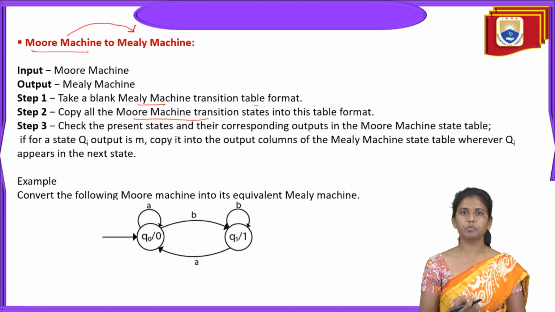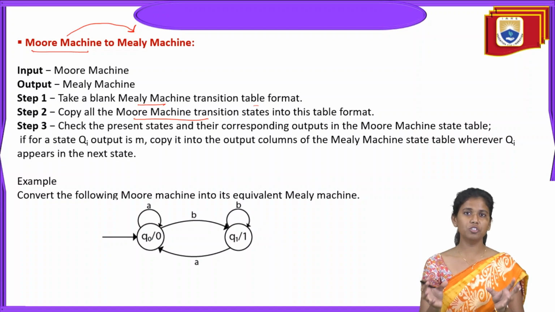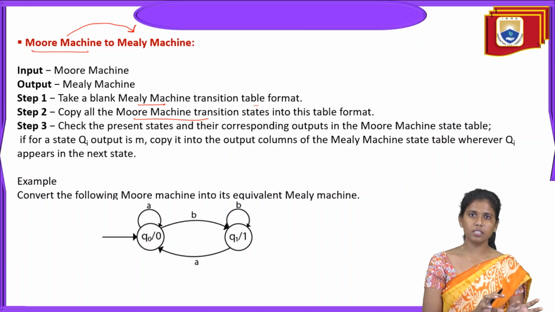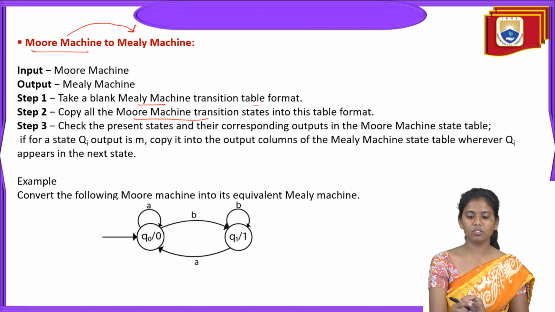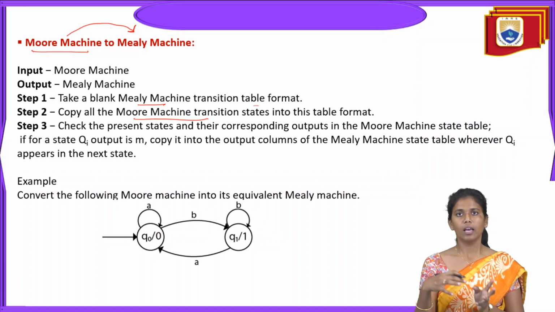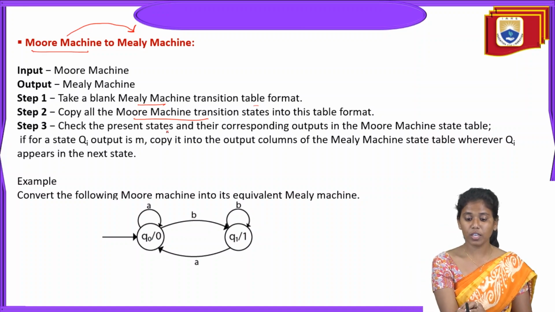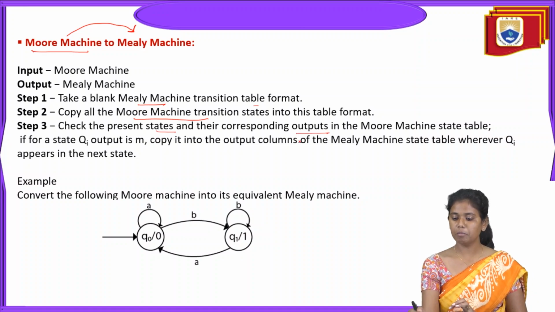There is a lot of difference between the Mealy transition table and the Moore transition table. But in order to transit from Moore to Mealy, you just copy all the Moore transitions into the Mealy transition table format, and then check the present state and the corresponding outputs in the Moore machine state table.